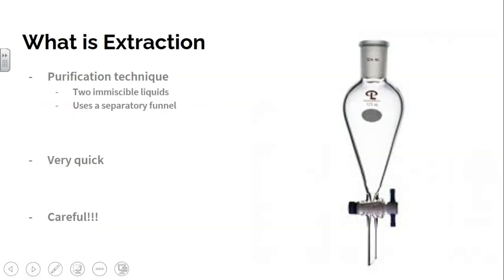Okay, before we get started on looking at extraction, we should probably figure out what extraction is and when to use it. Extraction is used to separate two immiscible liquids. In grade school, you learned that oil and water don't mix.